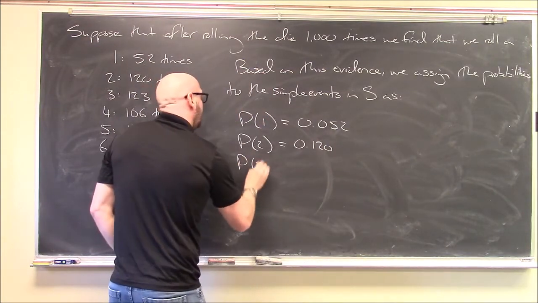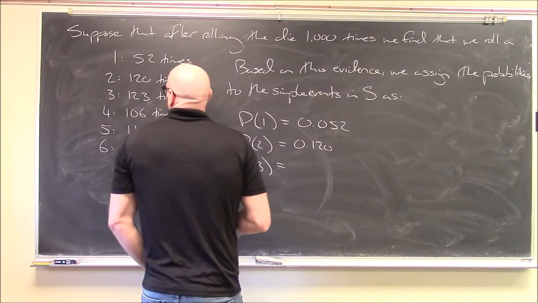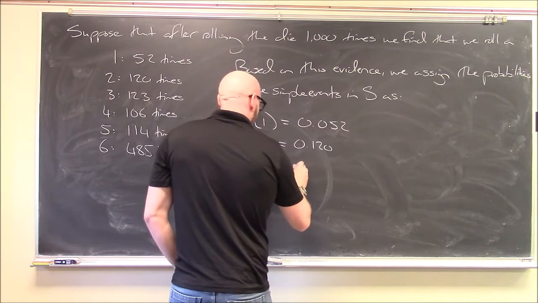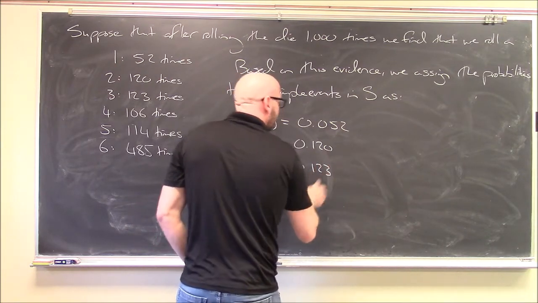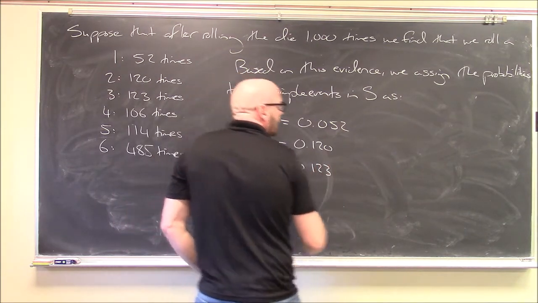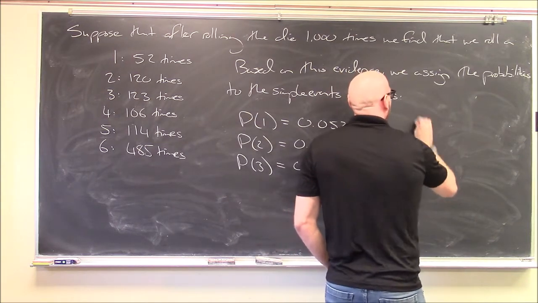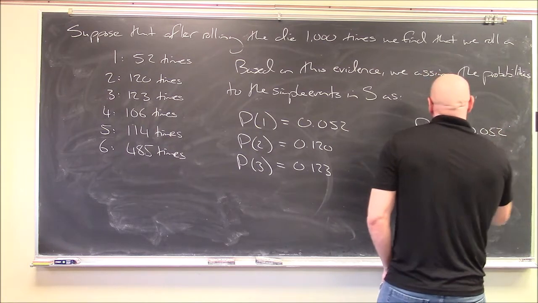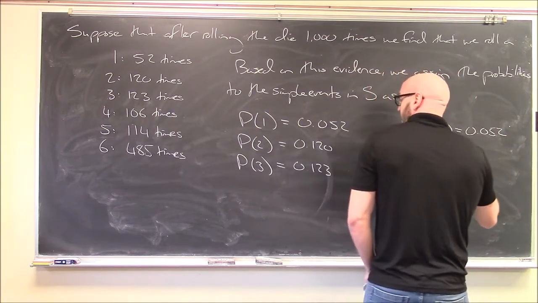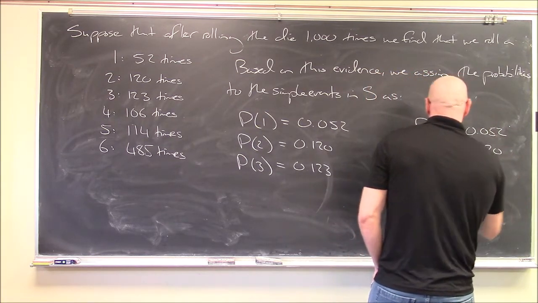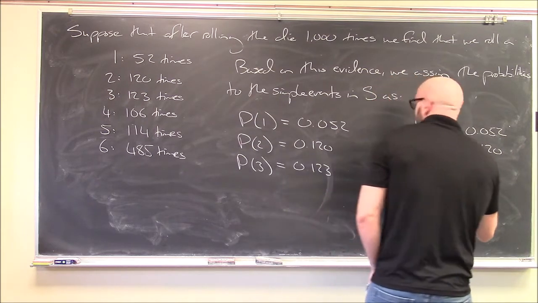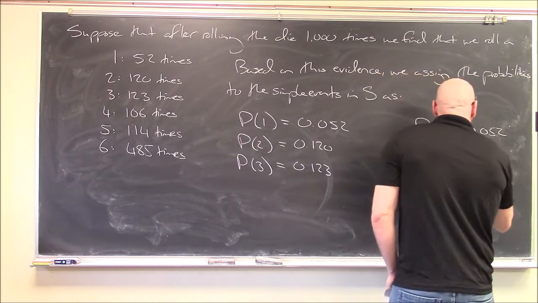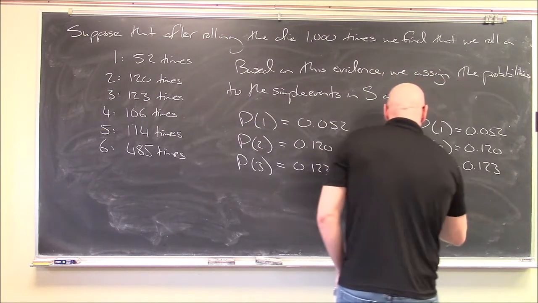Probability of rolling a 3 is 0.123. In fact, let me write this over here so we can keep this on the board. 0.052, 0.120, probability of rolling a 3, what was that? 123 out of 1,000, so 0.123.